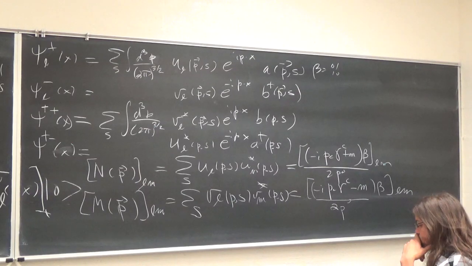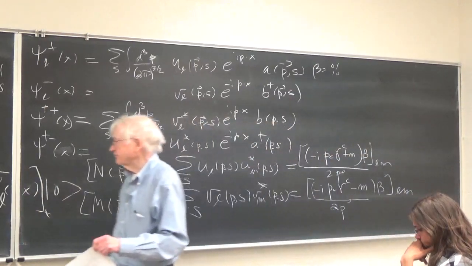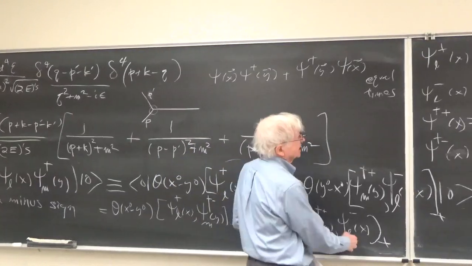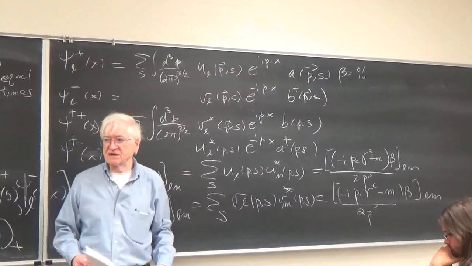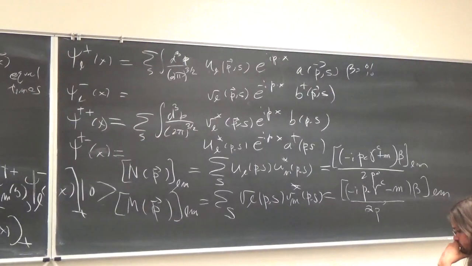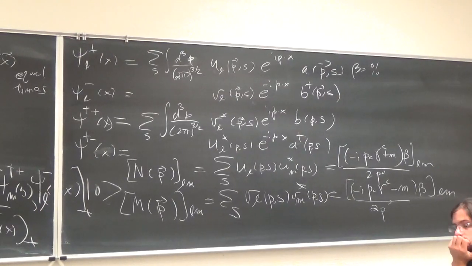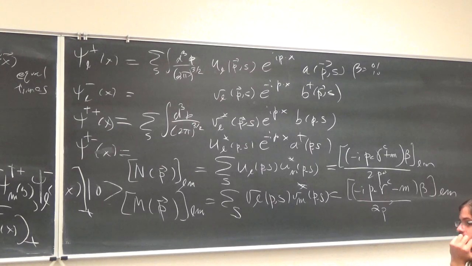Okay, so we're basically done. All you have to do is compute this anti-commutator and that anti-commutator using these expansions and these spin sums, and then you get an expression for the Feynman propagator for spin 1/2. So that's in the online notes, but I think we have time to do it in class.